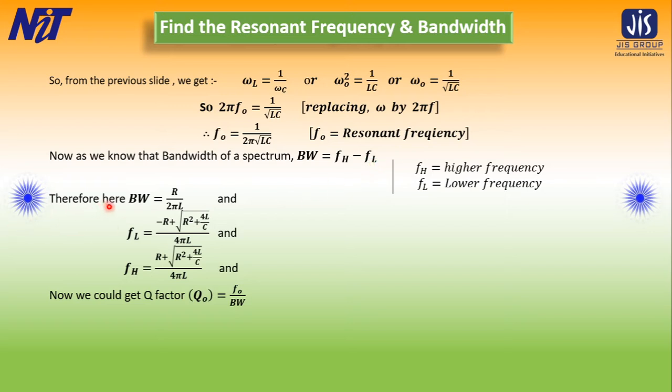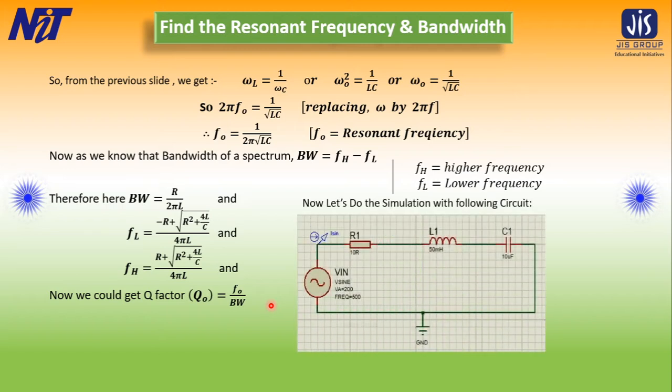Therefore bandwidth equals R by 2 pi L, and following these two equations, we could find the limit of the minimum frequency and maximum frequency of that spectrum. Now we could get the Q factor also, Q naught equals f naught by bandwidth.